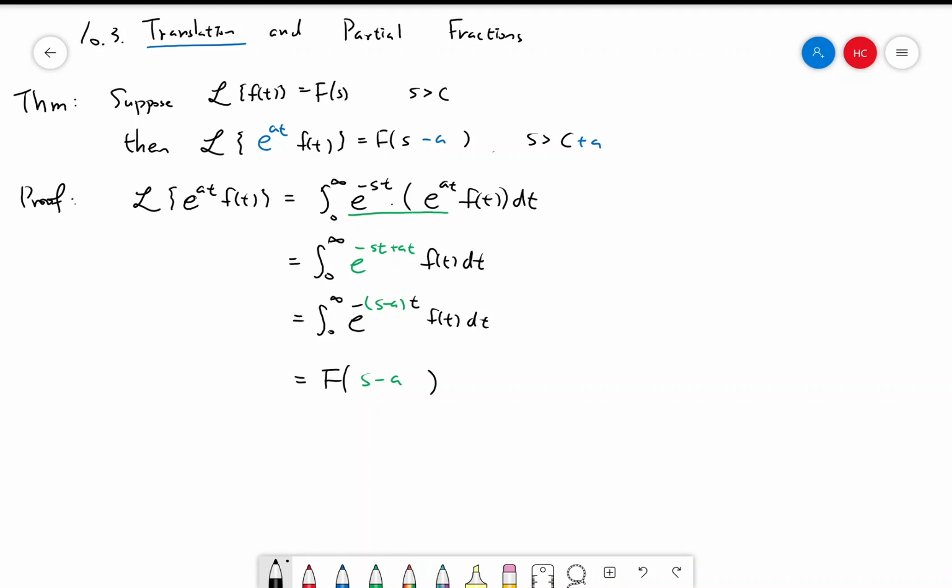And this theorem is useful because now we can create a new chart for the Laplace transform. So let's do that. Let's recall we had a chart in the previous section. The Laplace transform of t to the n is n factorial over s to the n plus 1.